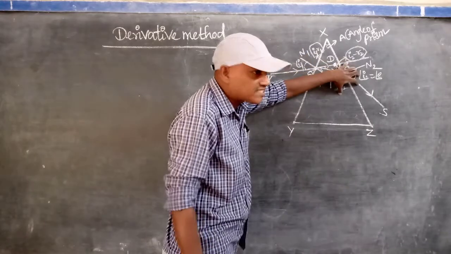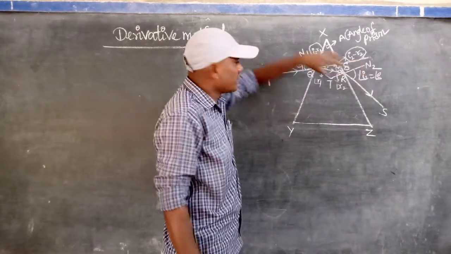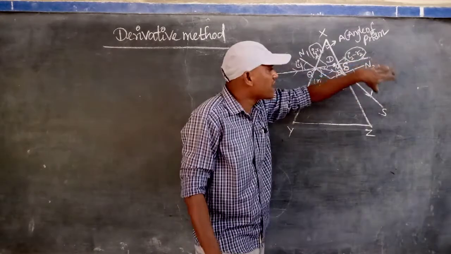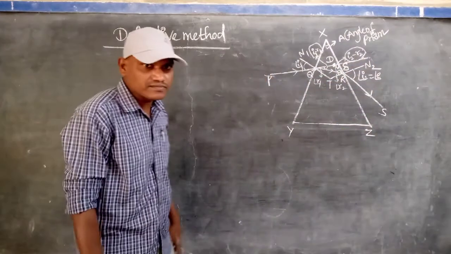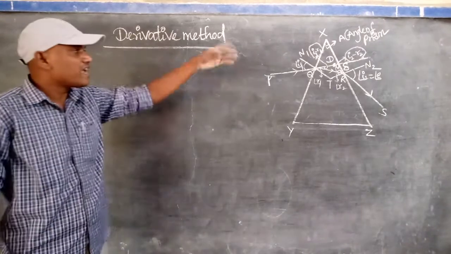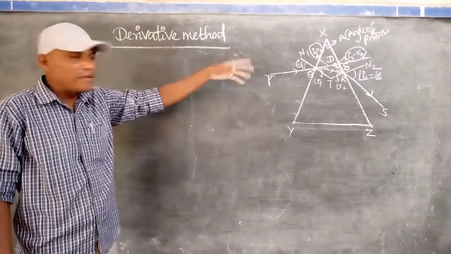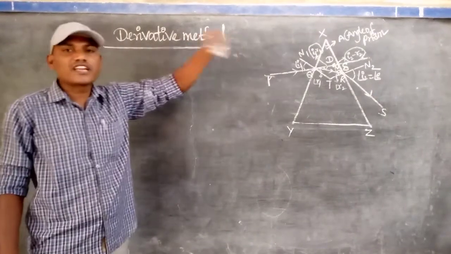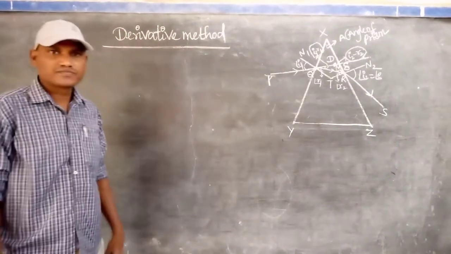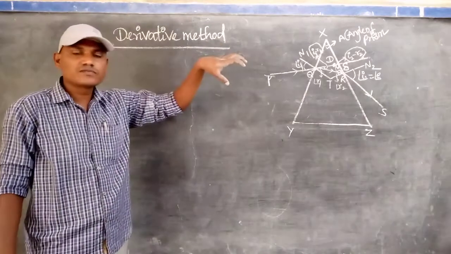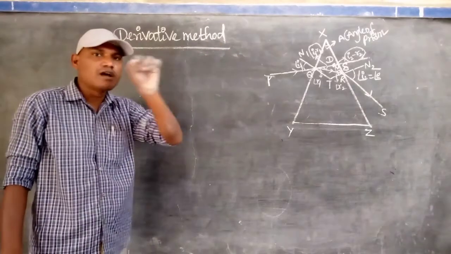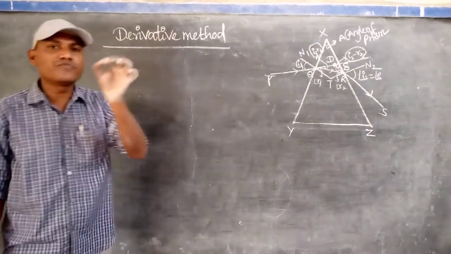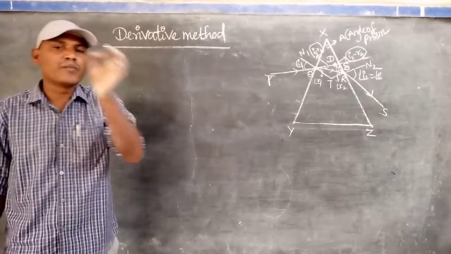Now we come to the other side and, with the help of two pins, locate the emergent ray. Then we repeat the same experiment with different angles of incidence, note the corresponding angle of deviation, plot a graph with the angle of incidence on the x-axis and angle of deviation on the y-axis, and find the angle of minimum deviation.